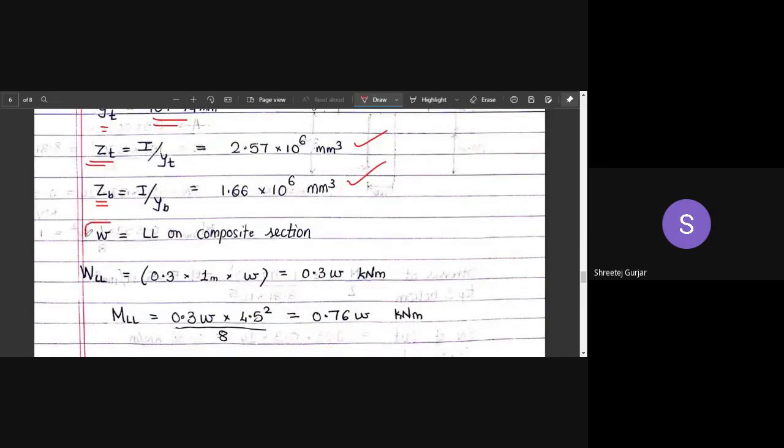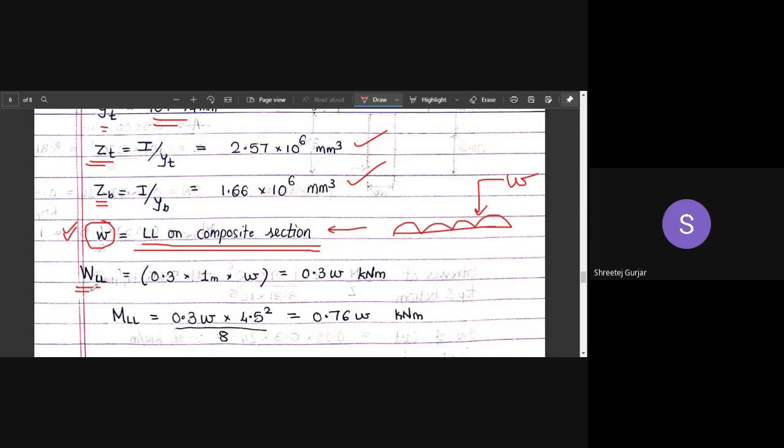Then live load is not given. This we have to determine. This is to be determined. The live load on the composite section, the maximum live load that it can handle, has to be determined. So WLL, this is the live load that is acting on the beam, right? That is this particular live load, small w. Okay, we'll consider it as small w.